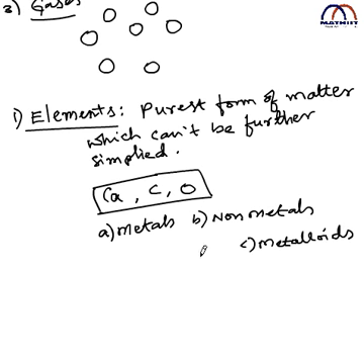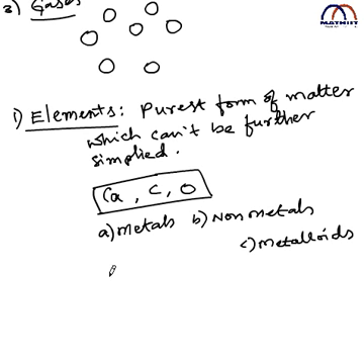The basic difference between a metal and a non-metal is that metals reflect light. That is the reason they have luster. Non-metals cannot reflect the incident light. That is why they don't have luster. But metalloids have the properties of both metals and non-metals. They are mixed elements, we can say.